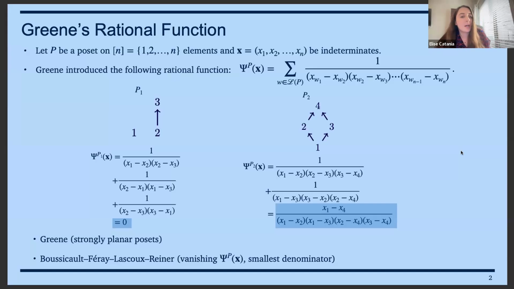And so you might wonder, is this nice simplification representative of some more general phenomena? And the answer is yes. In particular, Curtis Green showed that if you look at a specific family of posets, these strongly planar posets, you will get some nice simplification. And then later, Boussicault, Féray, Lascoux, and Reiner added on to Green's results by introducing a geometric and algebraic perspective.